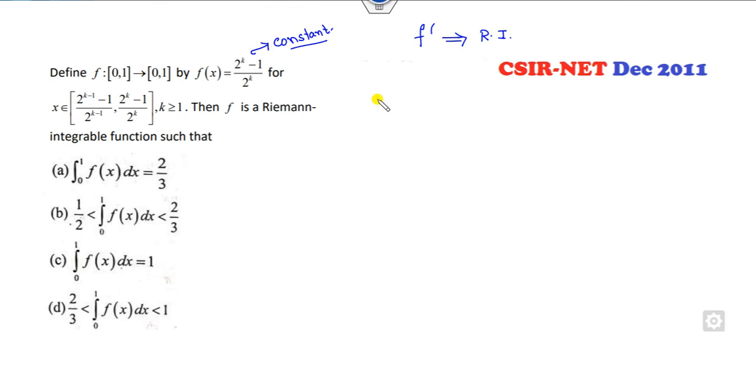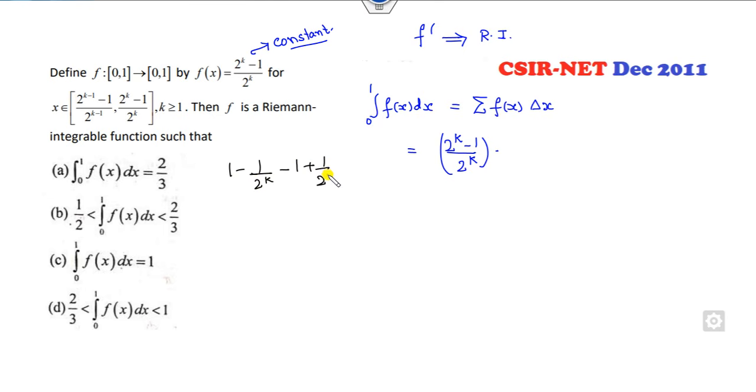Very simple. You can simply write this function as this function times the length of the domain. What is the length? The function will be 2 raised to power k minus 1 over 2 raised to power k. For the length, I can subtract them: 1 minus 1 over 2^k minus 1 over 2^k.